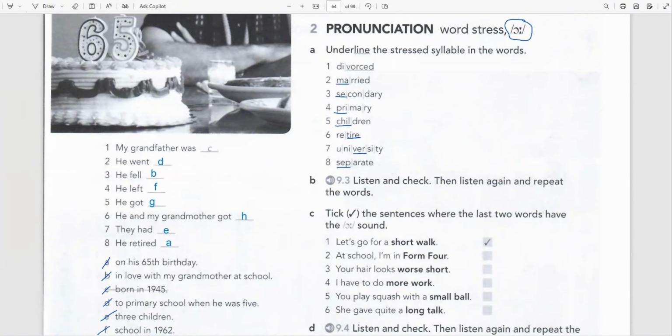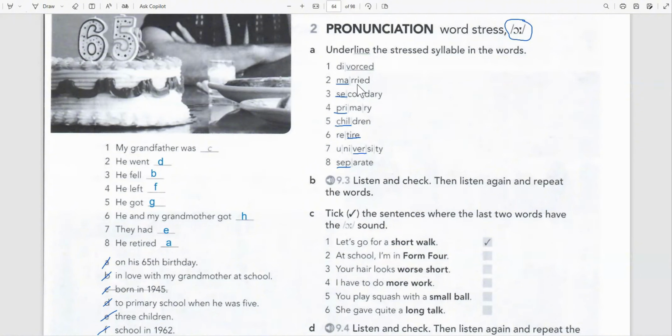Pronunciation B. 1, Divorced. 2, Married. 3, Secondary. 4, Primary. 5, Children. 6, Retire. 7, University. 8, Separate. That's it. So all good.